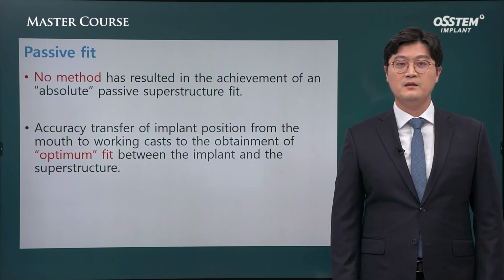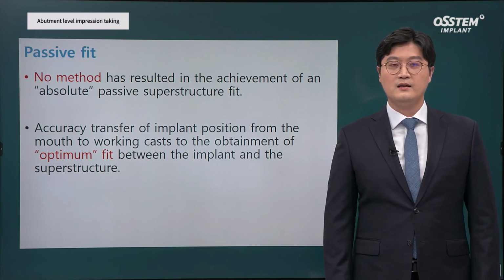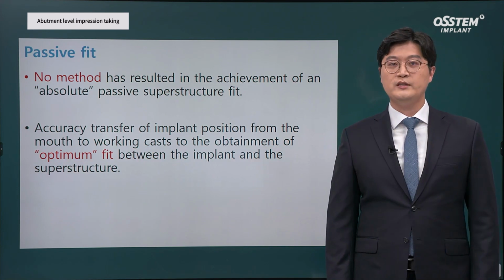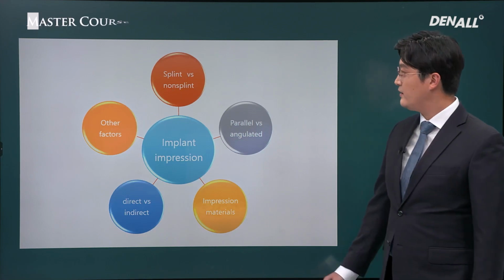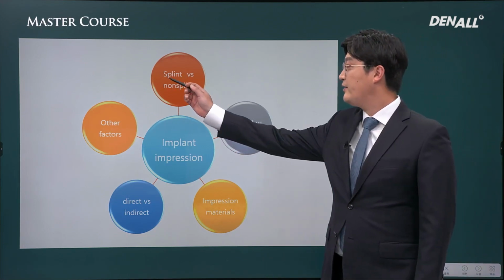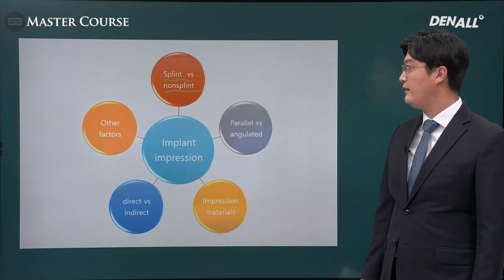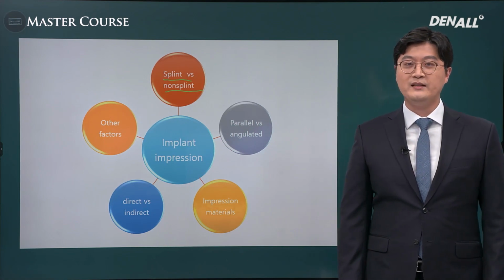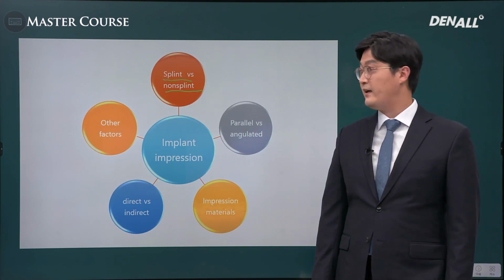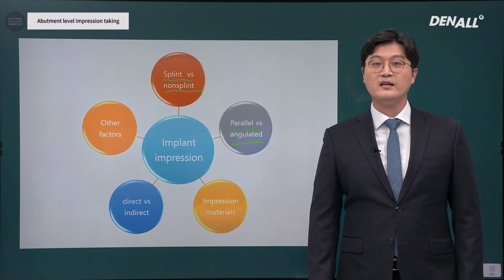According to articles, absolute passive fit cannot be achieved, so we need to aim for optimum fit. At each step of implant procedures, we need to pay attention to it. There are many factors associated with the implant impression. A single case has no problem, but when an impression needs to be taken of multiple implants, whether implant impression copings are splinted or not can make a big difference in the result.